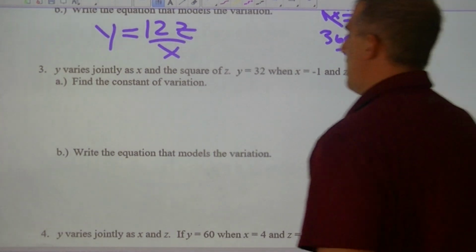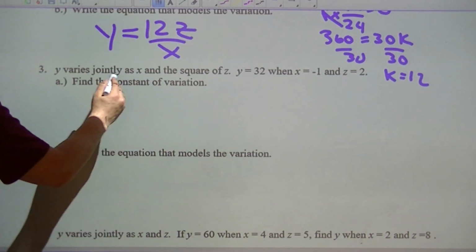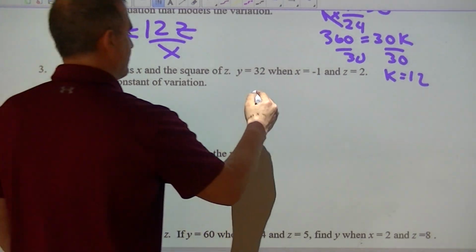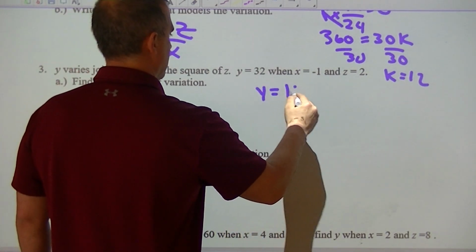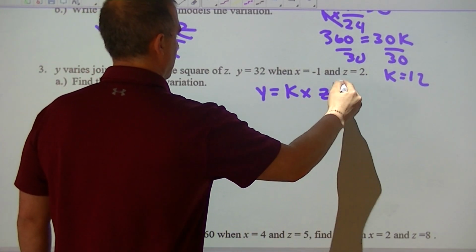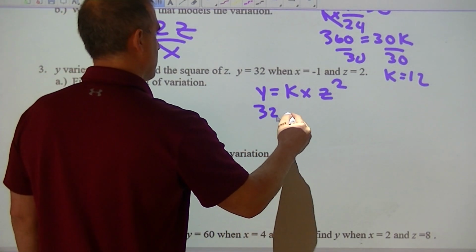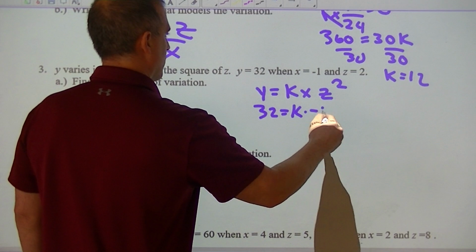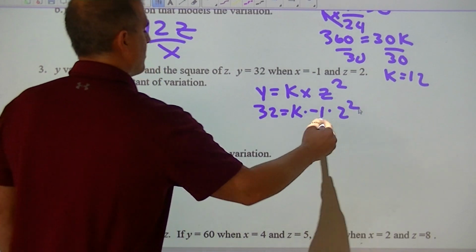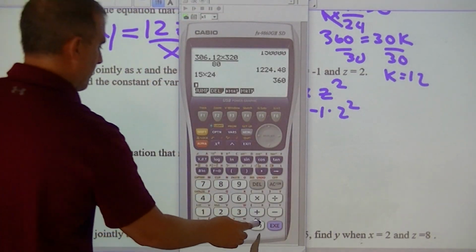Y varies jointly as x and the square of z. So that would be the model. Put my numbers in. Now, what I would do is type those into the calculator to figure those out.